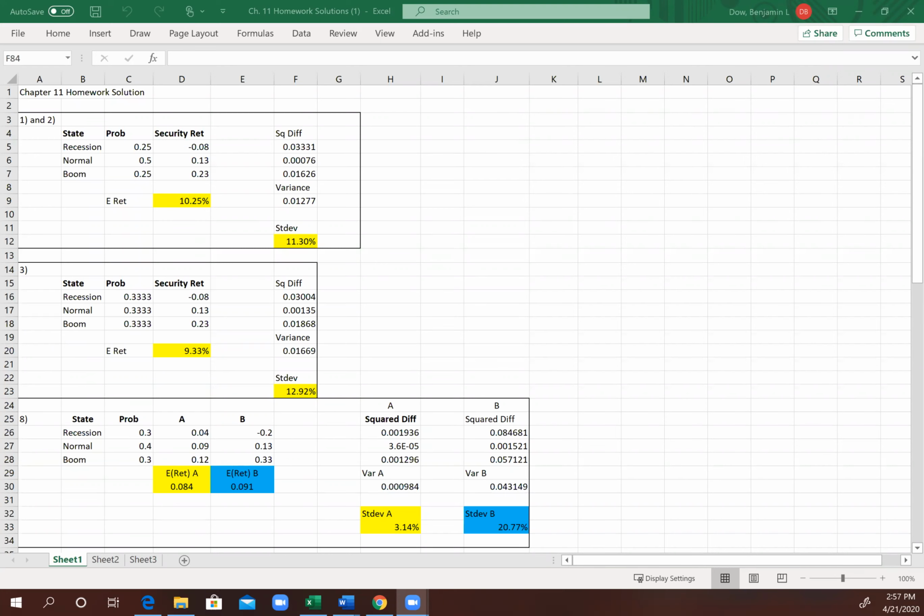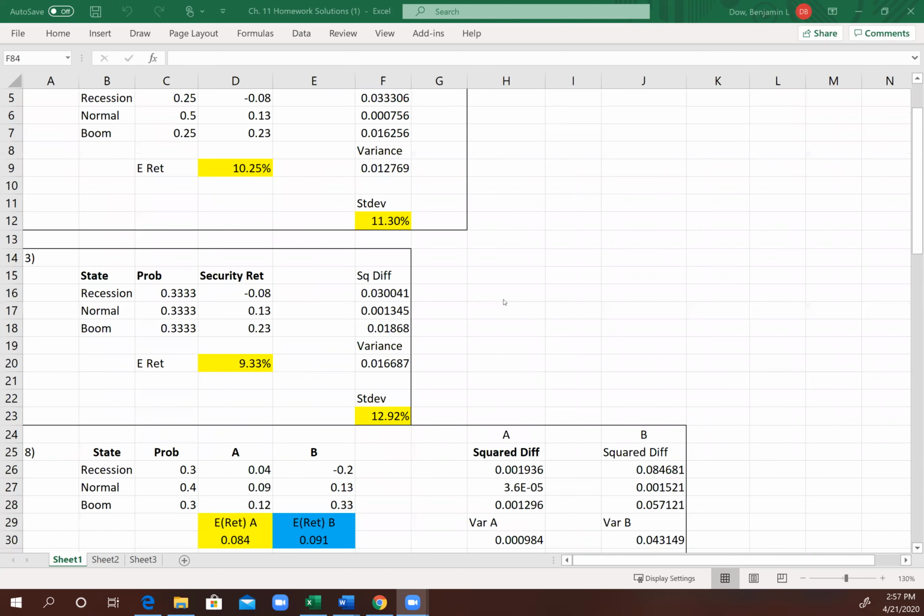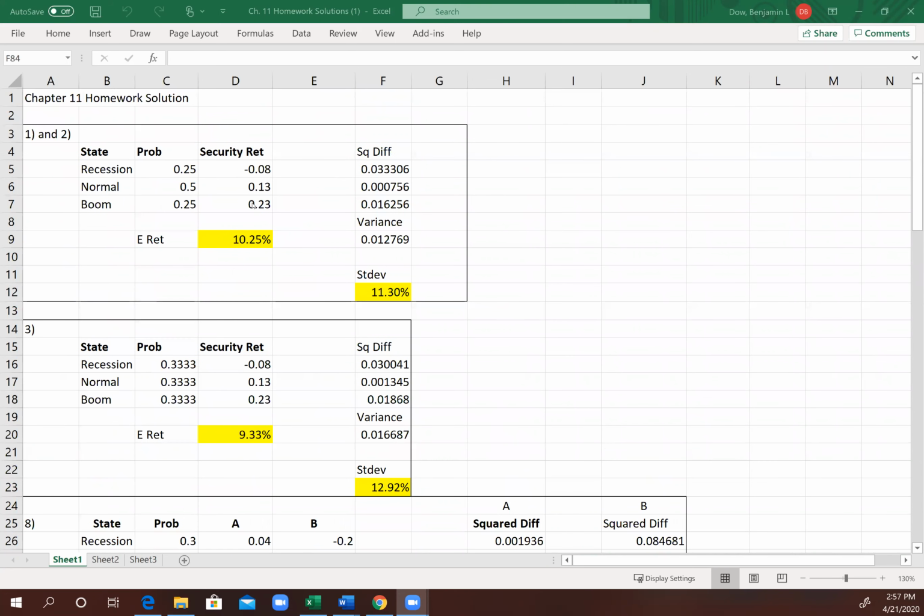You can see that they're asking for the expected return and the standard deviation. To find the expected return, we've got a stock that has a 25% probability of a recession, 50% normal times, 25% boom times.